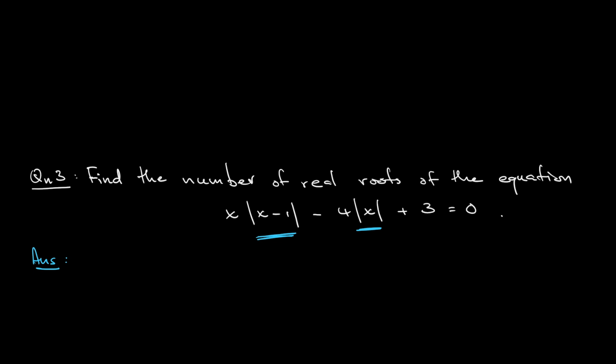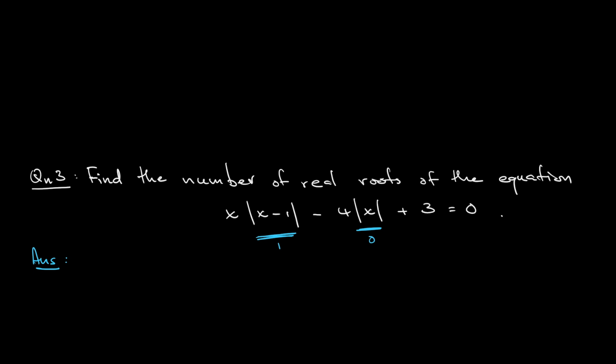Okay, so of course the value of x that makes x minus 1 be 0, x needs to be equal to 1, and the value of x that makes x be 0 is basically just 0. Alright, so you have two important values to consider here, when x is equal to 0 and x is equal to 1. So you have two values, which means that you should have three intervals to consider.